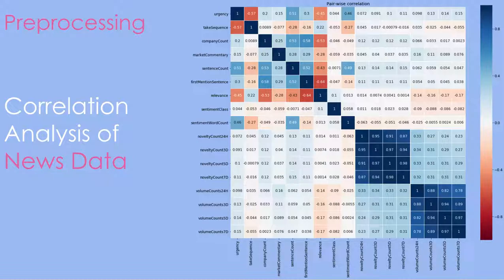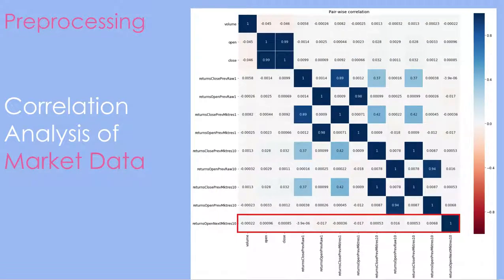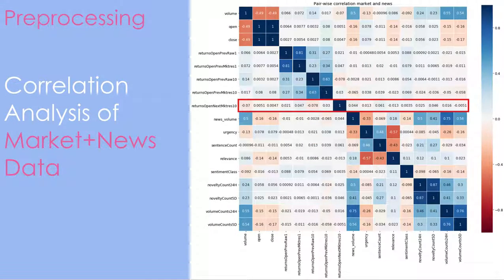Here is a heat map of the correlation of features for the news data. This is the correlation of features for the market data. And then we combine the news data and market data to get a correlation of features from both datasets.